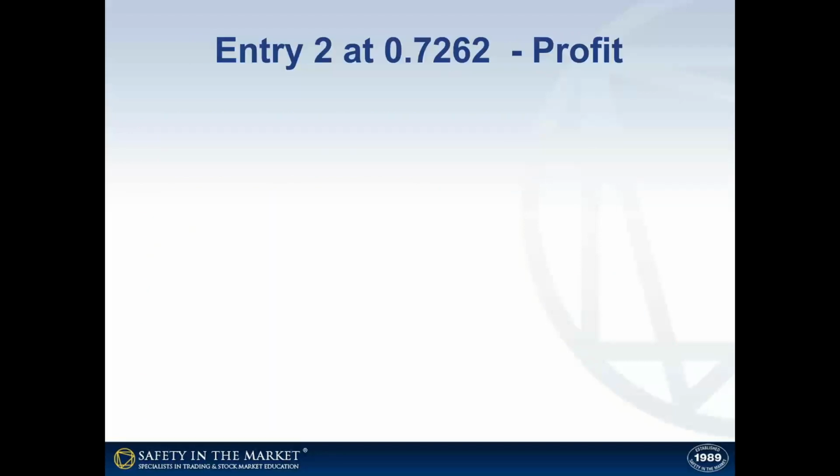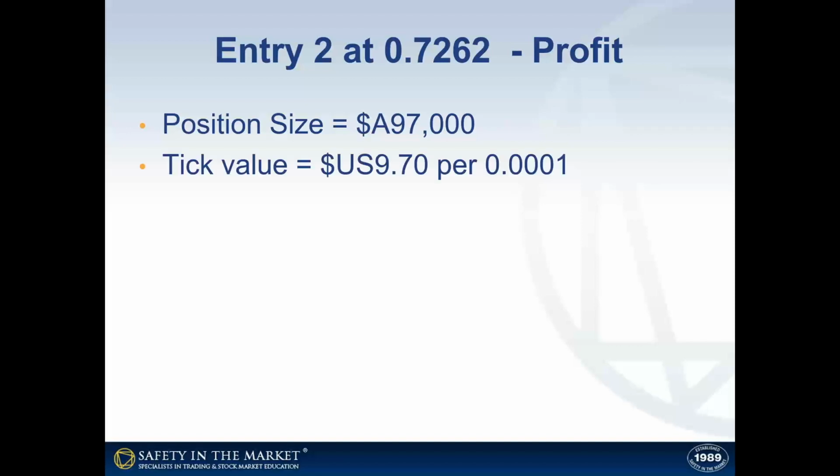So let's talk now about the profit on that trade. Position size is $97,000. Think to yourself, what is going to be the tick value of each 0.0001 that this currency pair moves? It's going to be in US dollars, and it's going to be how much? It's going to be $9.70 US per 0.0001.